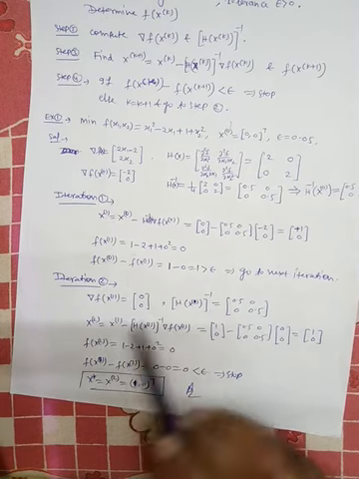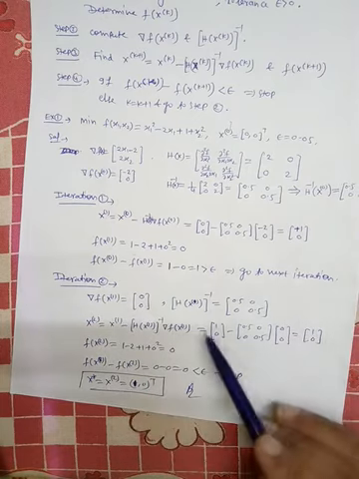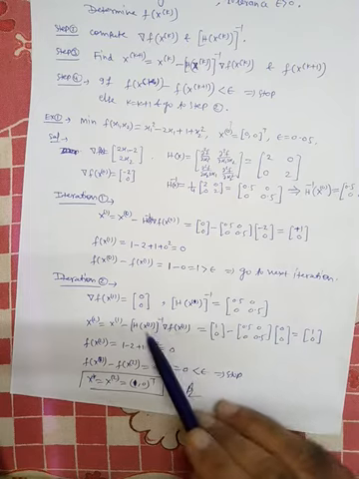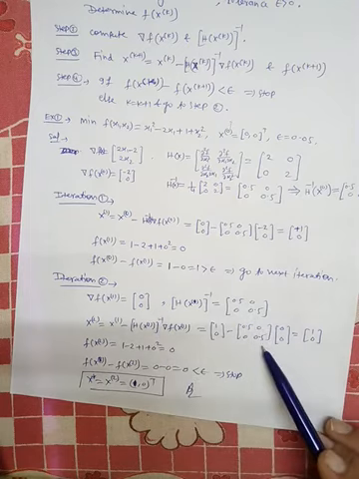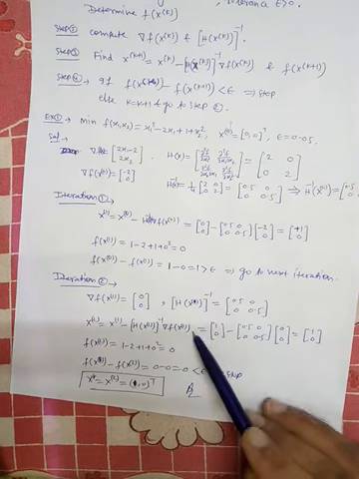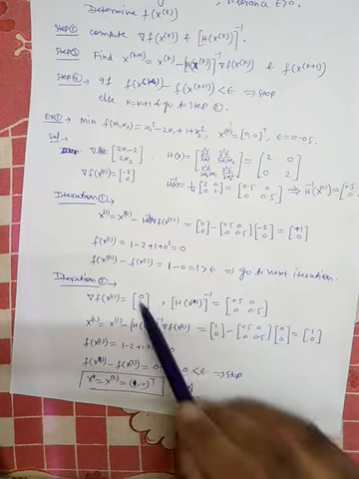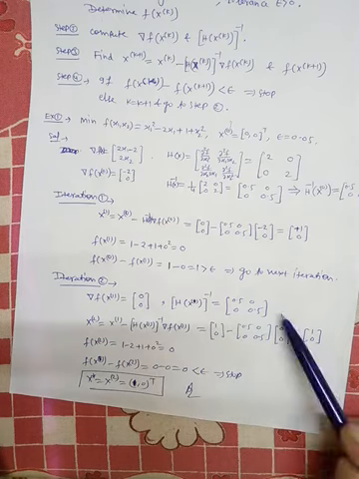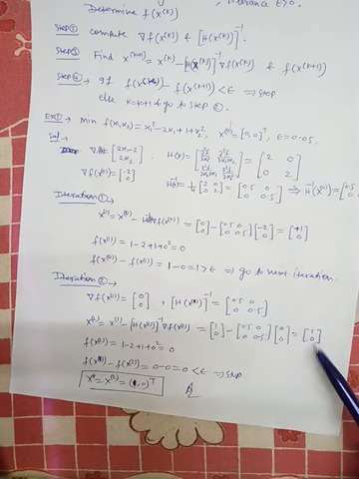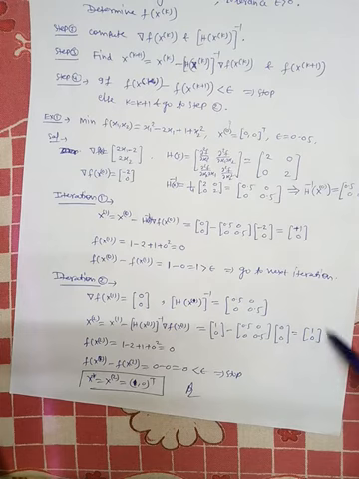What is x1? x1 we have already evaluated, (1, 0), minus this H x1 inverse, the matrix [0.5 0; 0 0.5]. Delta f of x1 we have already evaluated, (0, 0). After simplification we get (1, 0). So this is (1, 0), this is also (1, 0).